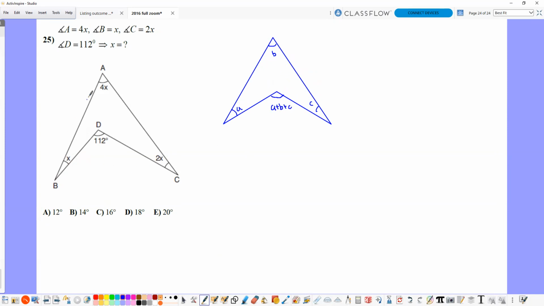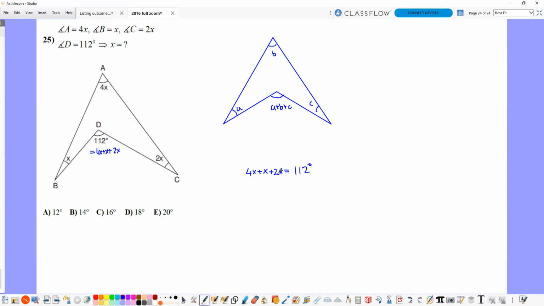And here, this is the dart figure, which means this angle is equal to 4x plus x plus 2x, which means 4x plus 2x plus x, it's going to be equal to 112.